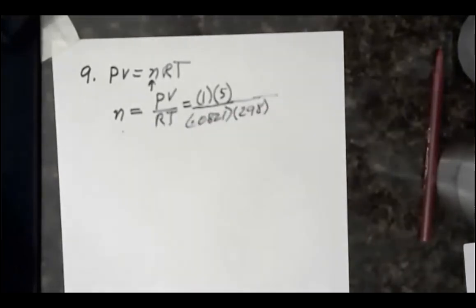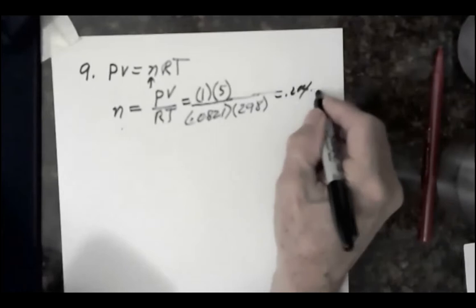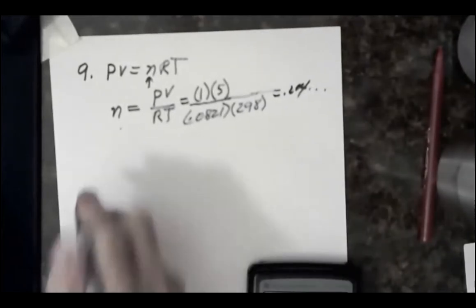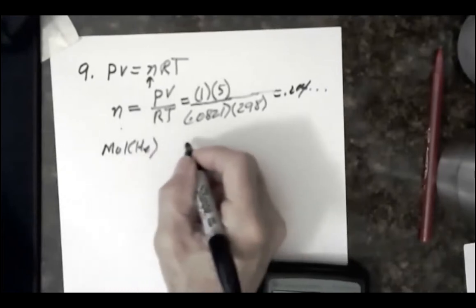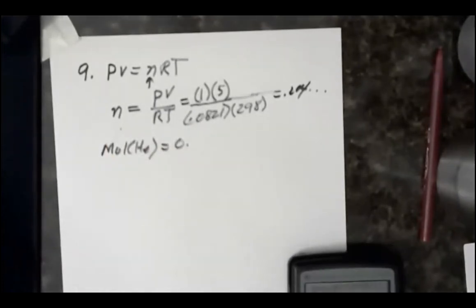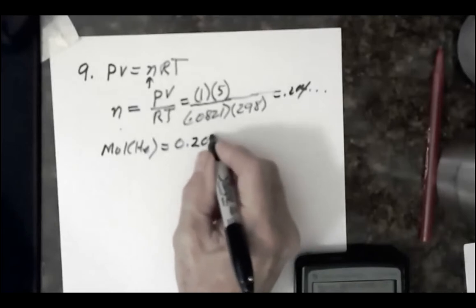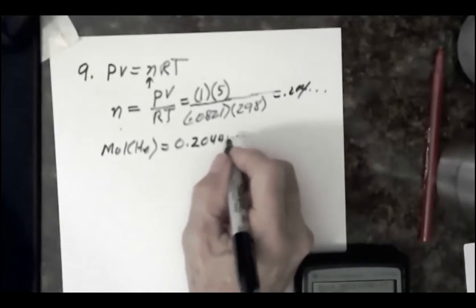Okay, so I can do the number of moles. That'll be easy enough. So 5 divided by 0.0821 and divided by 298 is, the number of moles is going to be 0.204 and some digits. So this is moles of helium. That's essentially 0.2044, with some other digits, that's how many moles.